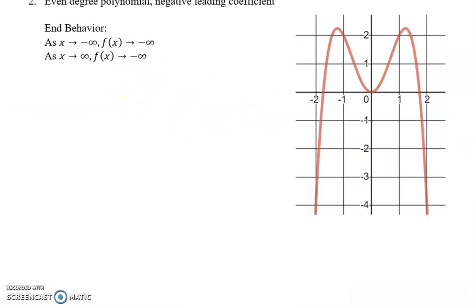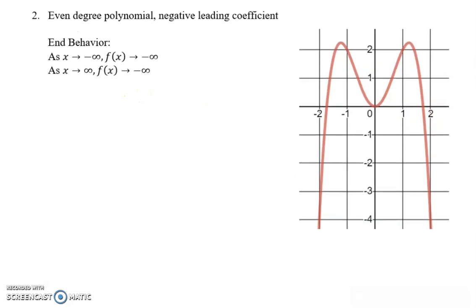The second scenario is an even degree polynomial with a negative leading coefficient. Again, the graph to the right is not the only way that these graphs can look, but the key here is to look at the ends, okay? So for the end behavior, this is the left end behavior.